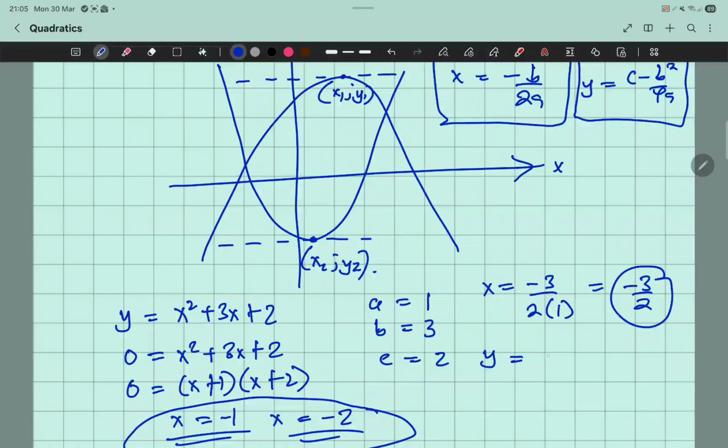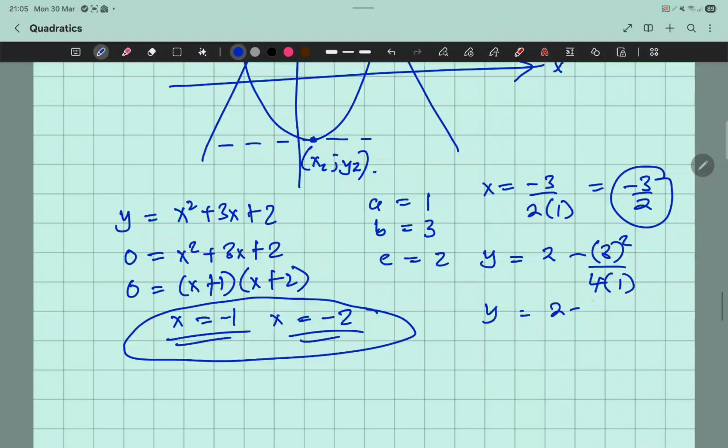The y coordinate: c, which is 2, minus b squared, 3 squared, over 4a, a is 1. So y equal to 2 minus 9 over 4.